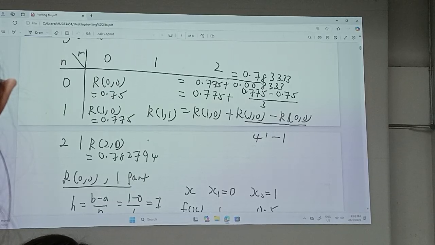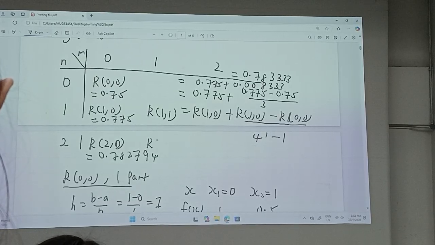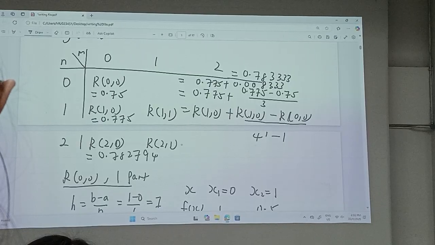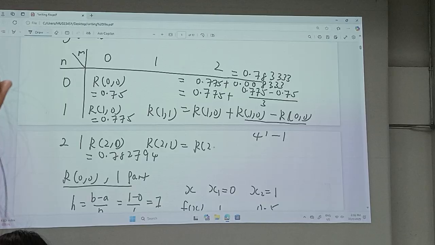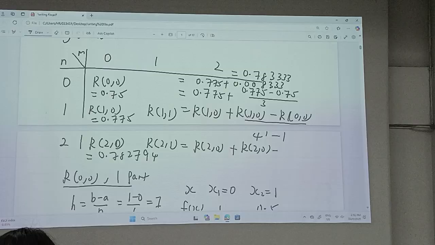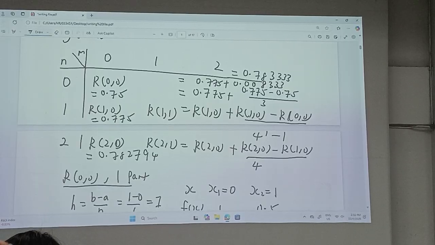Okay, and then we find R21. How to get R21? Okay, take the value from the column before. R20 plus R20 minus R10 over 4 power n minus 1. Again, what is n value here? Equal to 1, right.